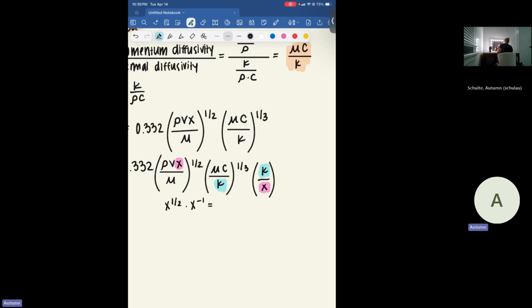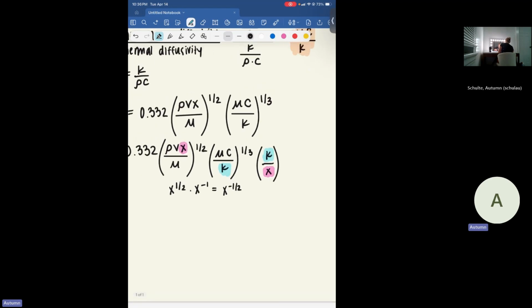So if we multiply those, we add our exponents. So this becomes x to the -1/2 power. Looking at our k's, over on the left, we have k to the -1/3 power multiplied by, on the right, k to the 1st power. So if we multiply those and add our exponents, we get k to the power of 2/3.